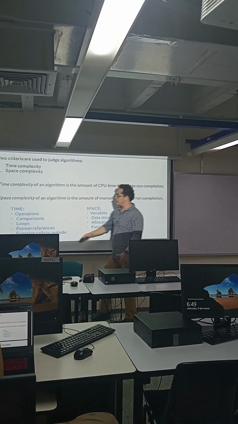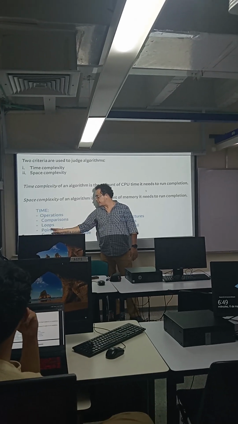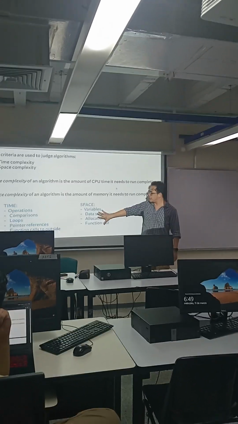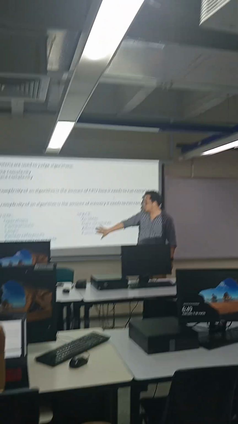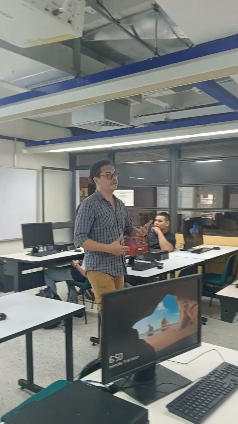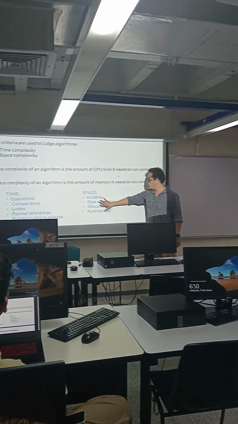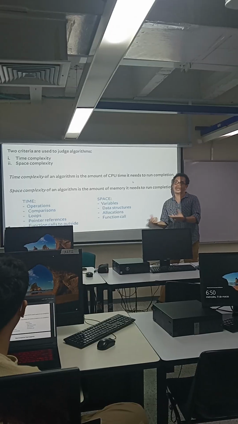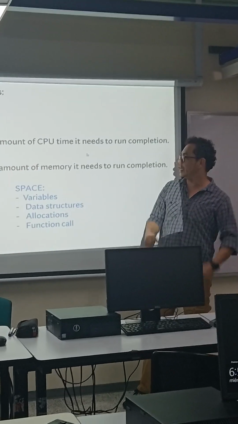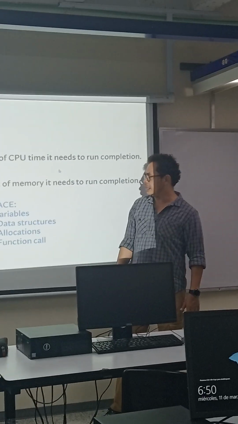For time, we need to compare the operations, comparisons, the number of repetitions, and for space, we only use the data structures, because depending on the type, the space that the variable needs in memory differs. An integer needs a different space than a char. Then, depending on the data and its type is the space.